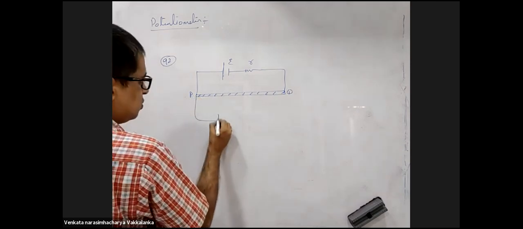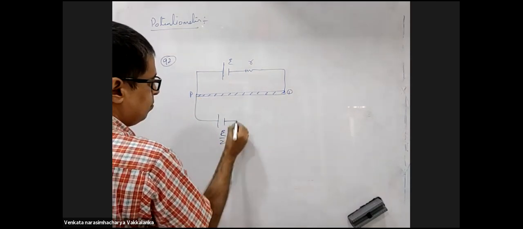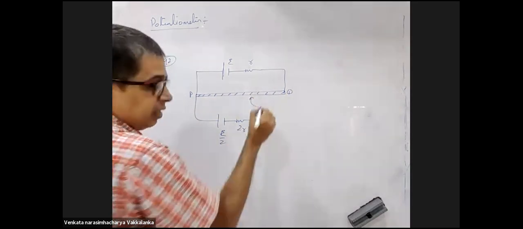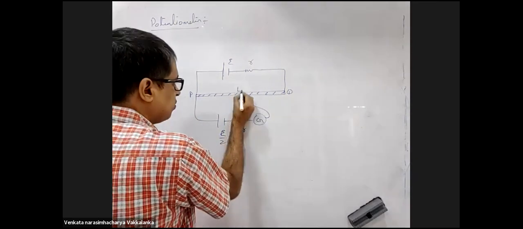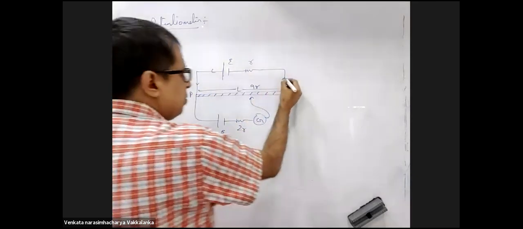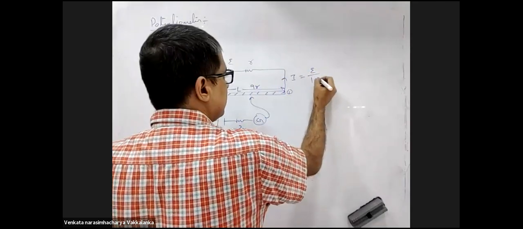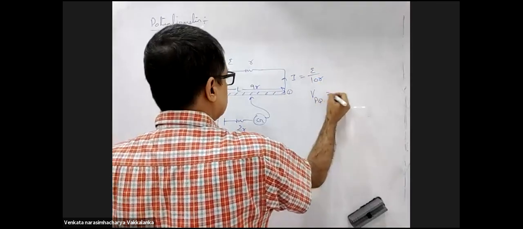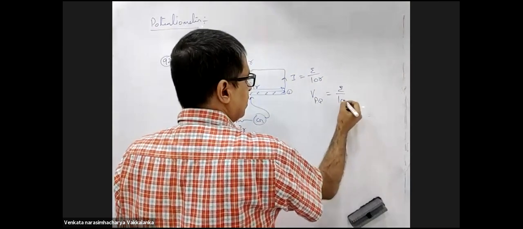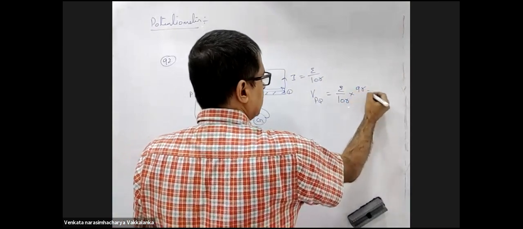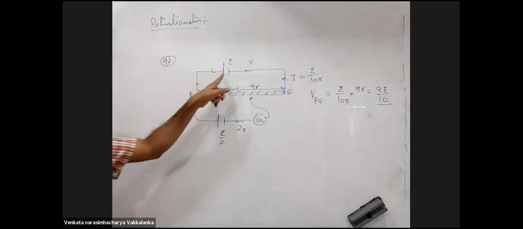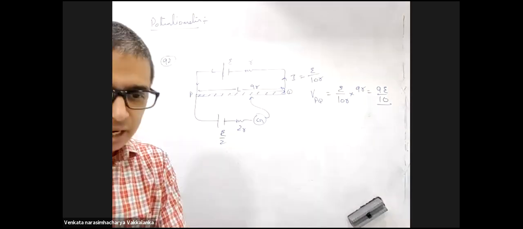Now he says this is E by 2, 2R, galvanometer, jockey. Now this length is L. This resistance is 9R. So what will be the current in this? E divided by 10R. Potential difference across PQ is E divided by 10R into 9R. 9E by 10 is the potential difference across PQ maintained by this battery. Till here, is it clear?